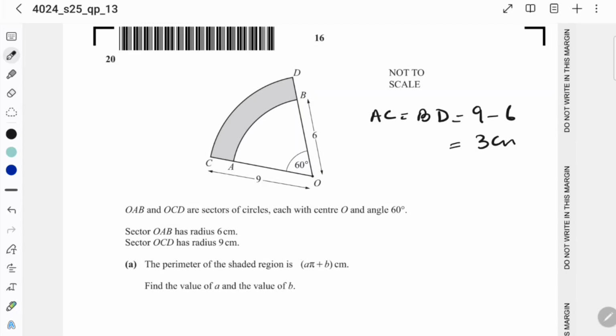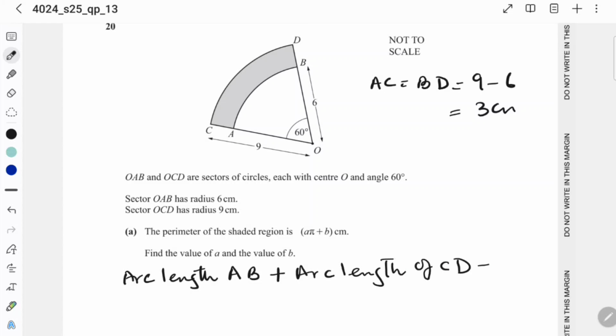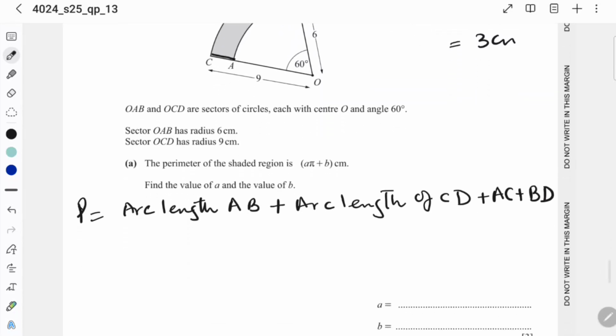So the arc length of the smaller one, AB, plus the arc length of CD, plus these 2 straight lines AC and BD, is your perimeter. You can find them separately also if you want.